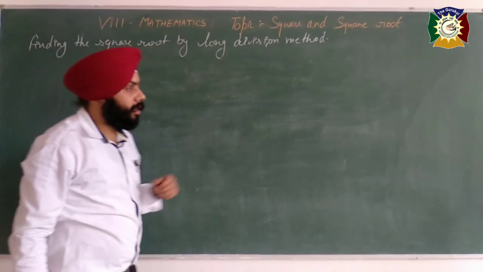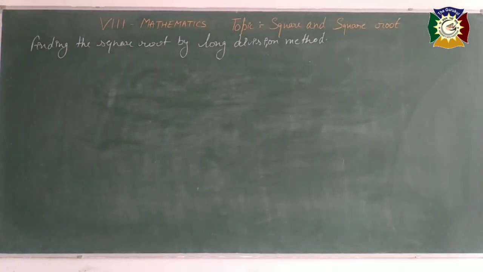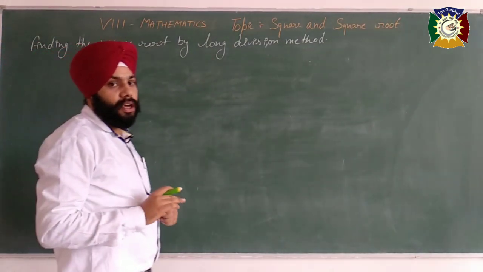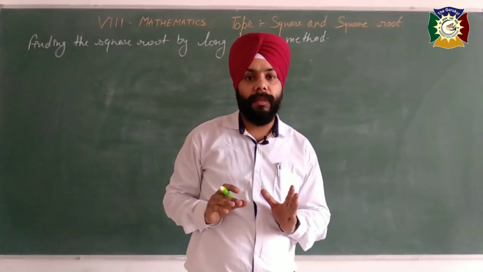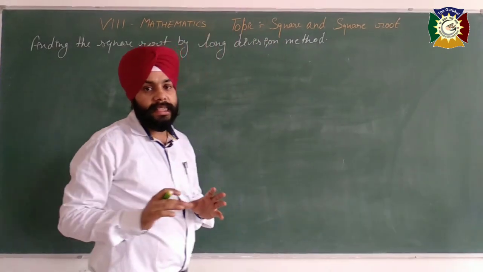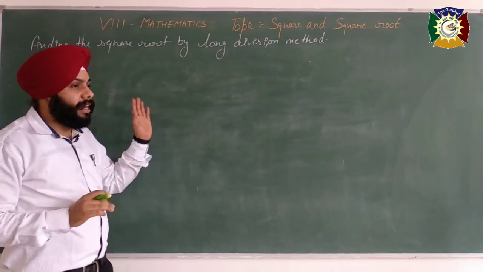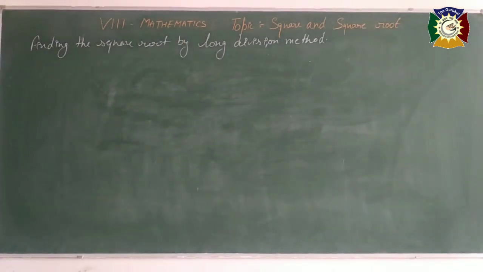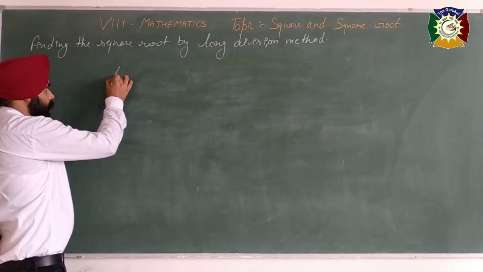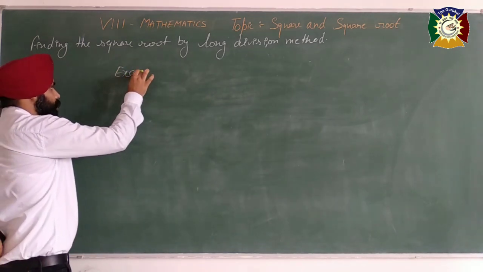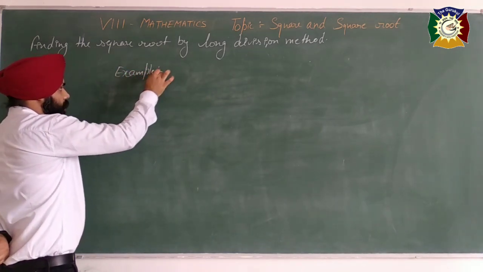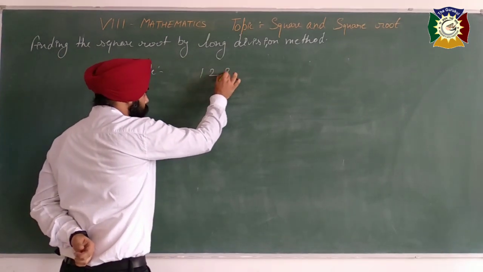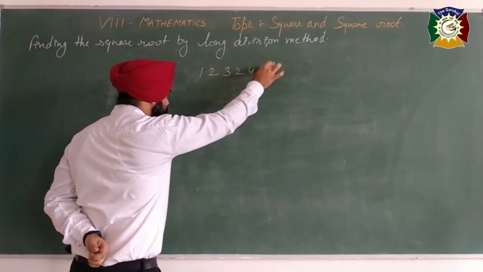Before doing this method, first of all we need to understand, when we have to find the square root of any perfect square number, how many digits will come in its square root. So for this, suppose I take a number 1, 2, 3, 2, 4, 5.